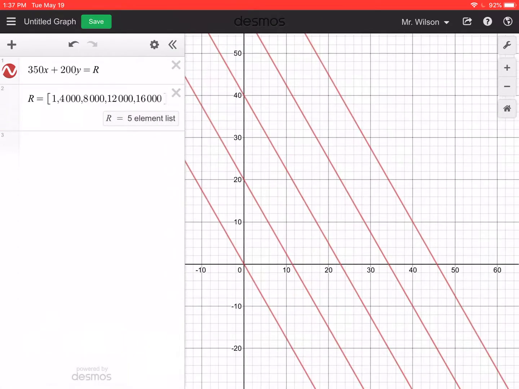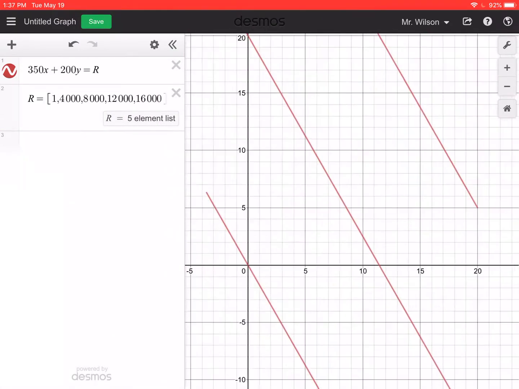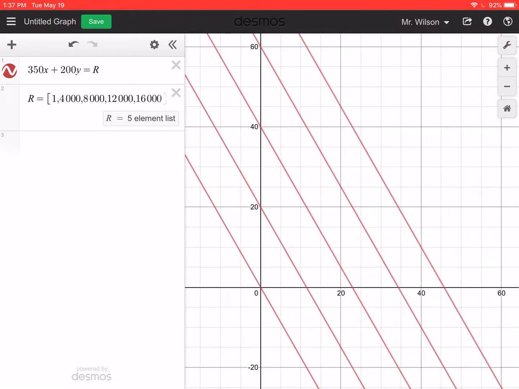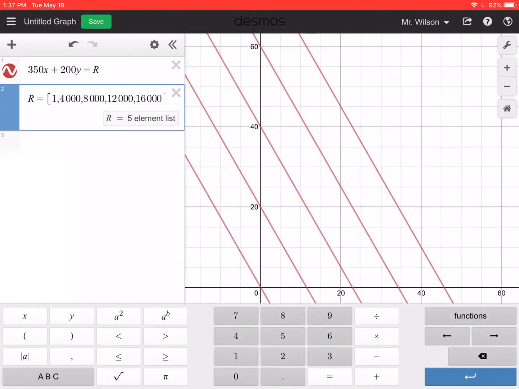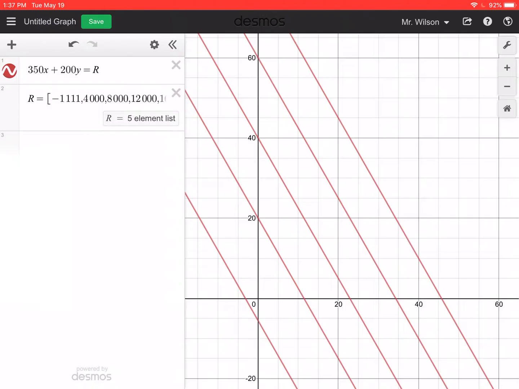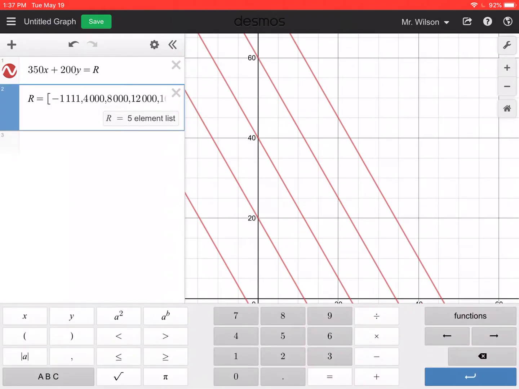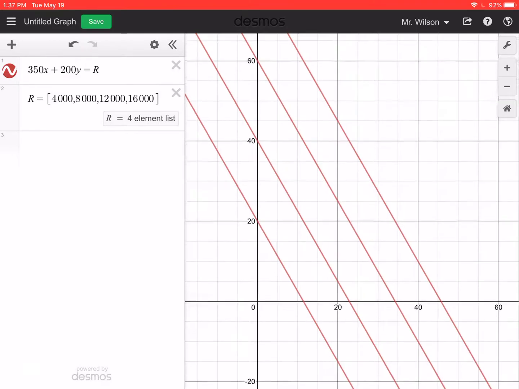Add that on there so you can see that way down here. So it can be any value you want. You could even put a negative number in there, and as that starts moving down towards the negatives, that would be fine. Nothing wrong with that either. It's just that in this case we specifically were looking at those 4 lines.